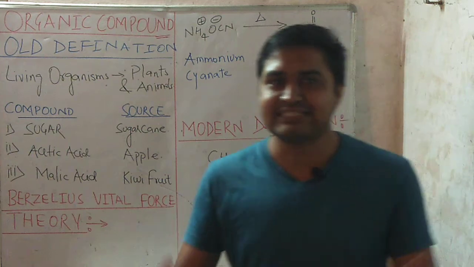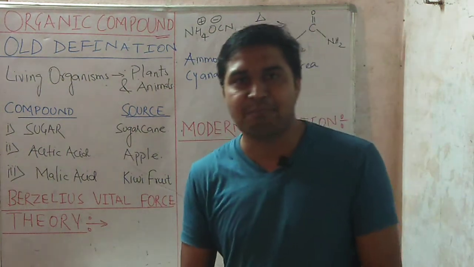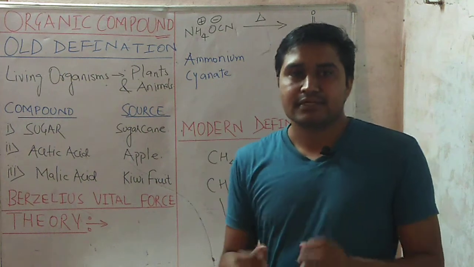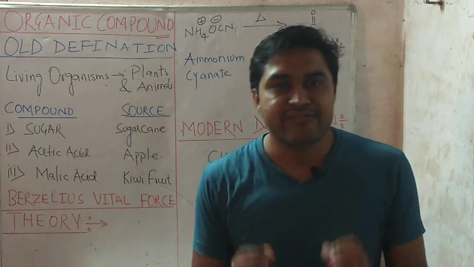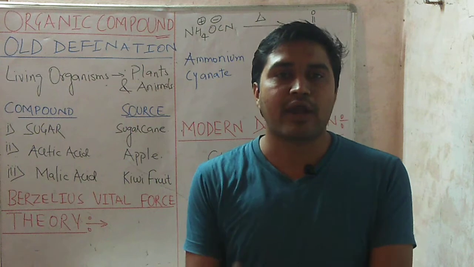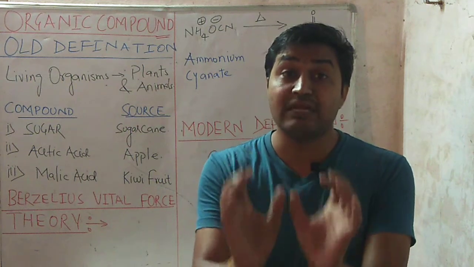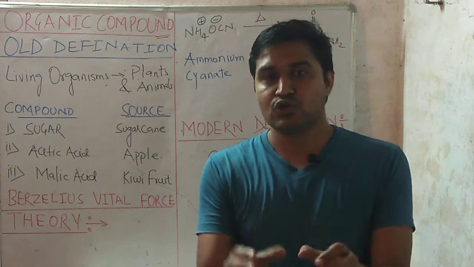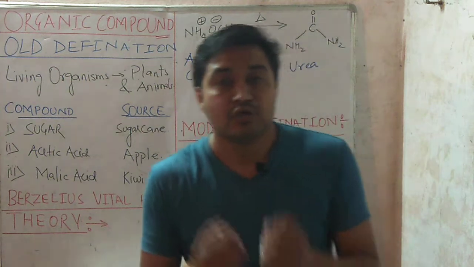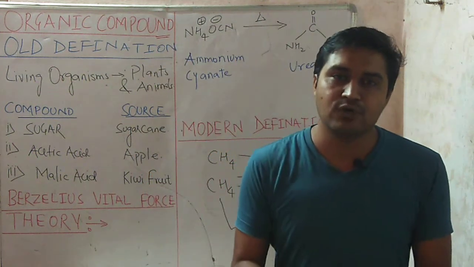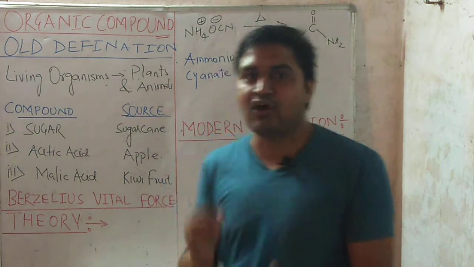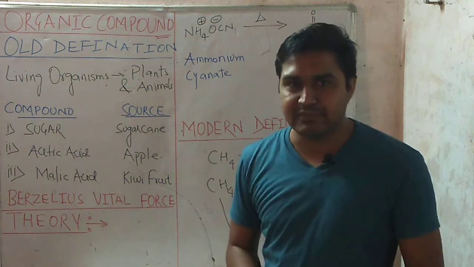So now let's understand the definition of organic compound. According to the old definition, organic compounds are those compounds which can be produced or derived only from living organisms, and living organisms are plants and animals.